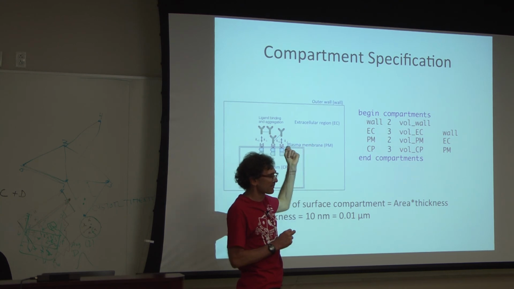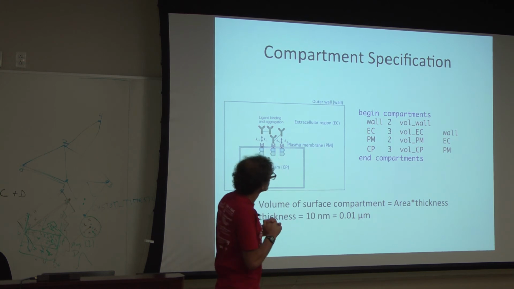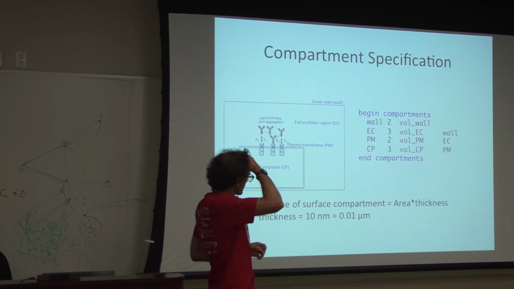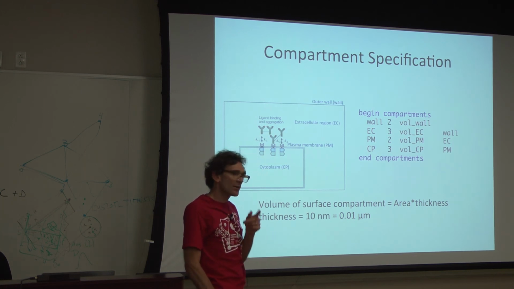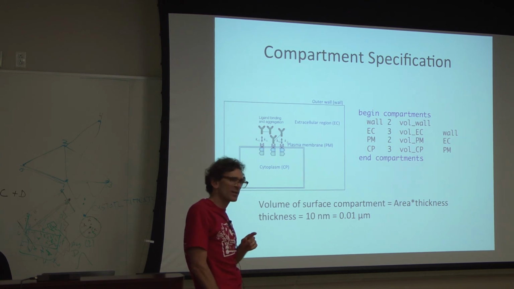Okay. I have a question. When you define the volume of the PM, the plasma membrane, you define it as a surface with a thickness. Yes. The thickness is always 10 nanometers. It doesn't have to be. The way that we have the translator to MDL set up now, it assumes a thickness of 10 nanometers by default.